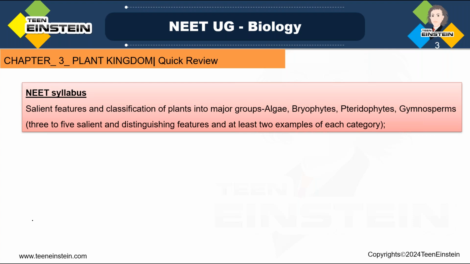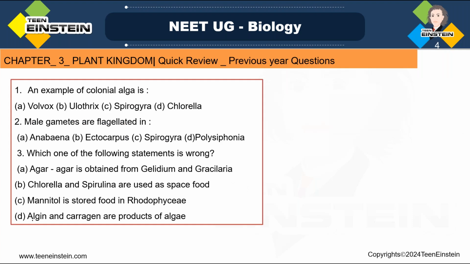First, we'll solve all the questions from algae, then from bryophyta, pteridophyta, gymnosperms, and angiosperms, so that you will get an idea of the pattern in which the questions are coming.